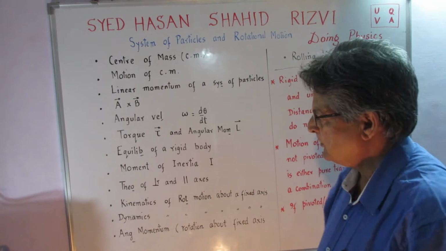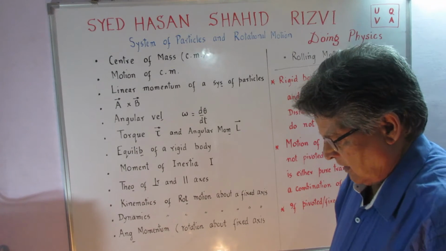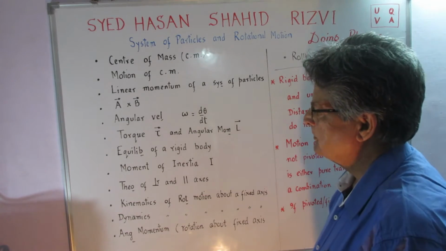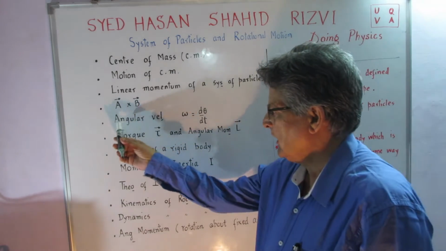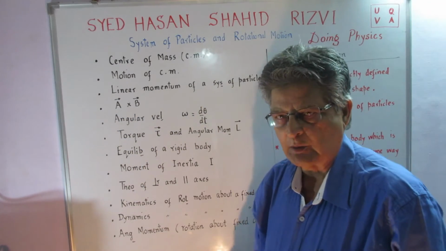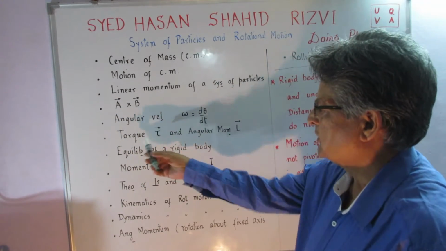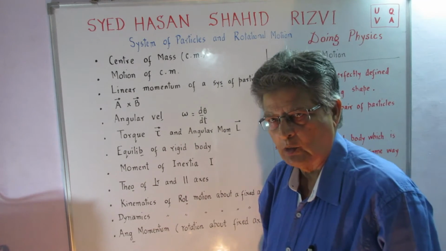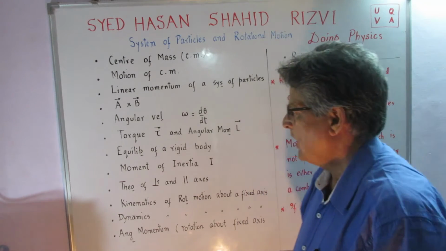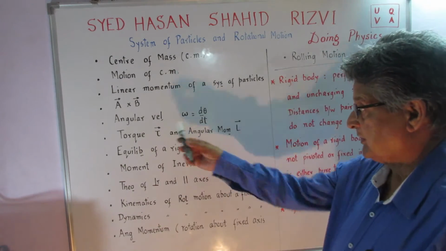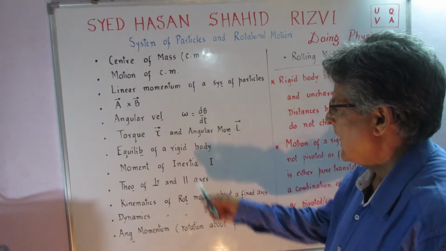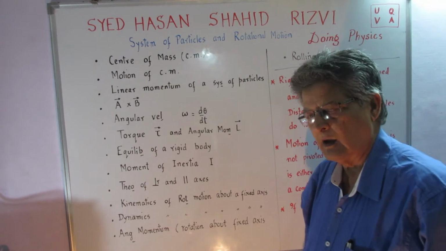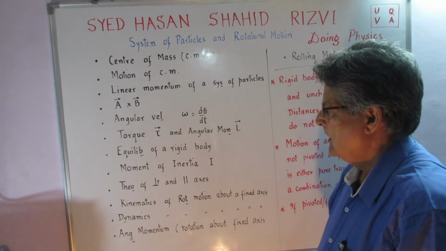Now we come to a unique concept of rotational motion, which is the equivalent of force in linear motion, which is called torque, tau. It is a vector quantity, and also angular momentum L, which is again a vector quantity.